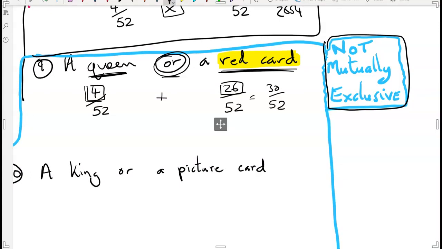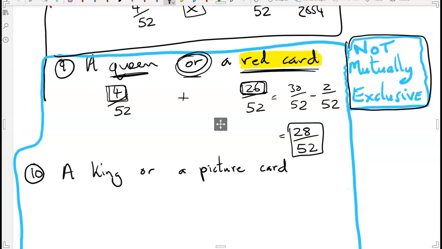So of these 26 red cards, I've already included 2 of them. So I need to take away those 2 from my answer. So the probability of that actually happening, that you would get a queen or a red card, is actually 28 over 52. I can't count the same cards twice.